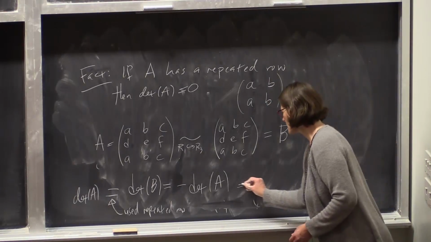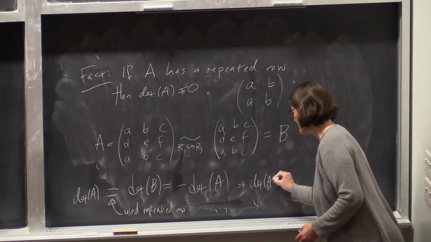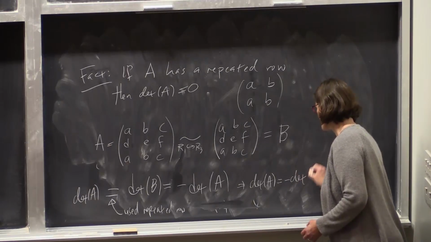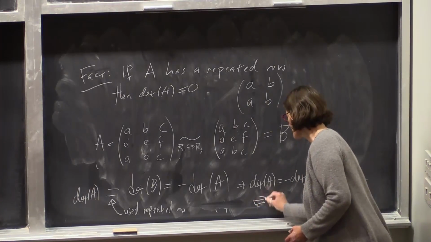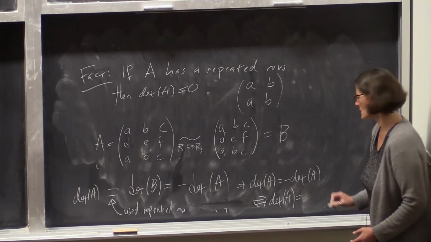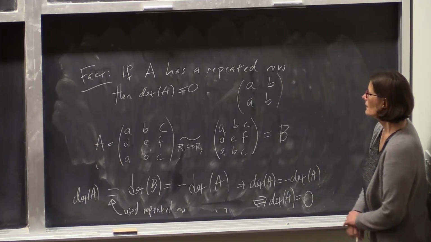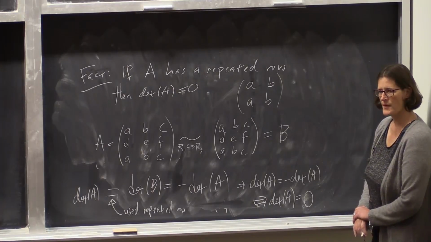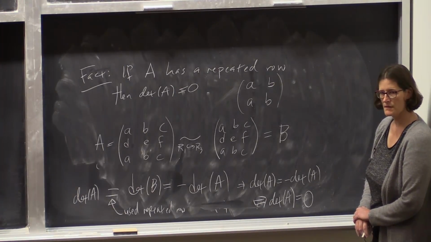So this tells me that the determinant of A equals the negative of the determinant of A, which tells me that the determinant of A equals 0. Do you believe you could do this for a 4x4 case? N by N?